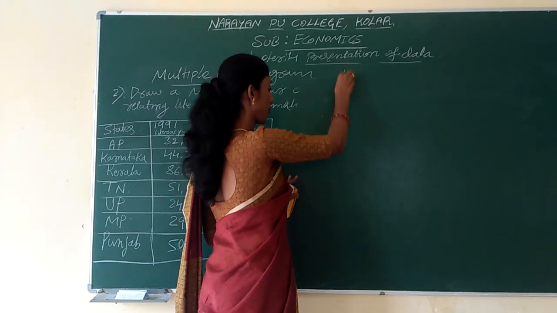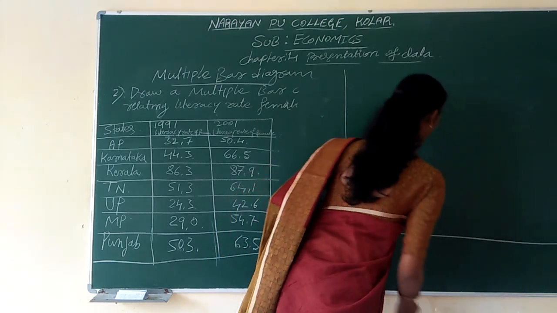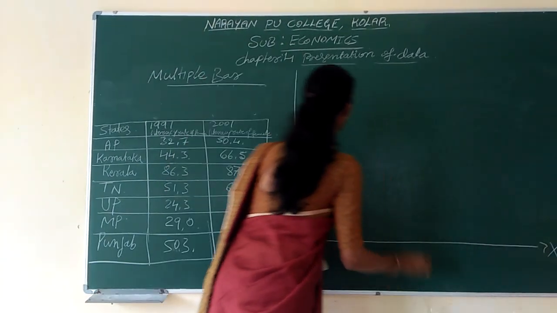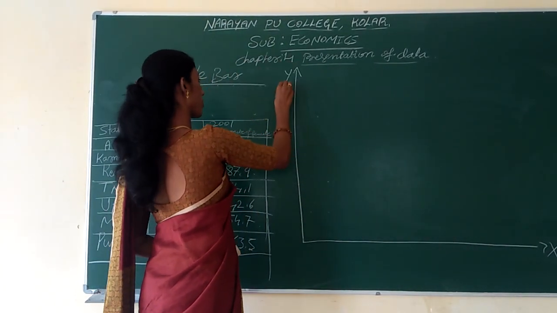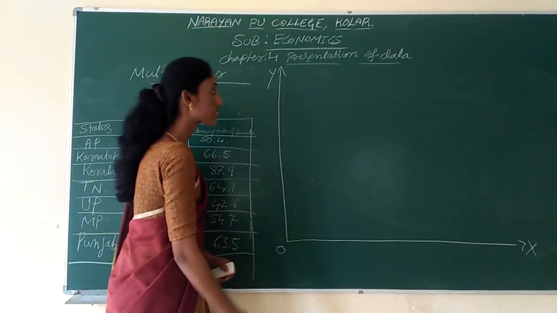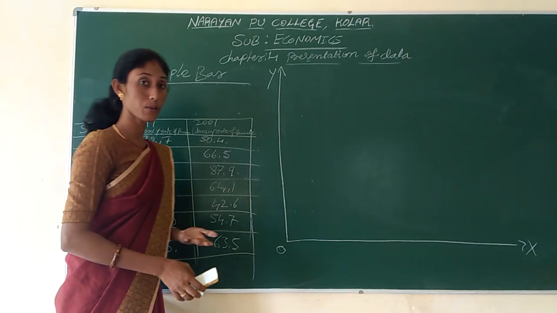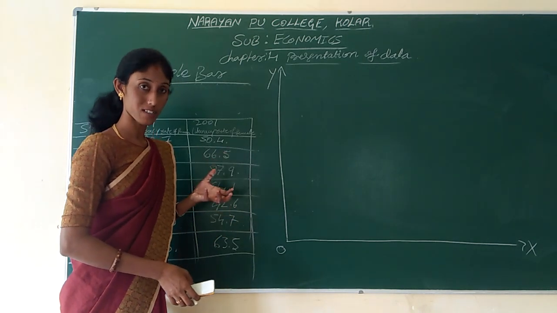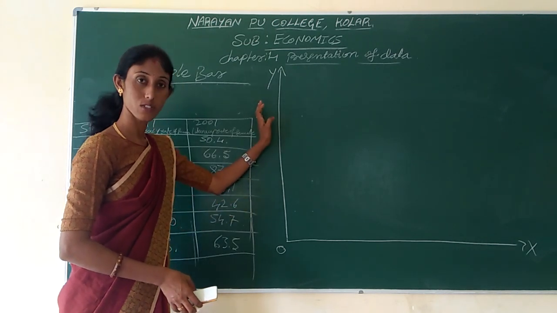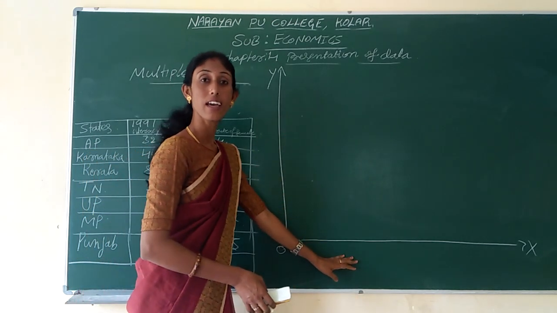Take a chart. You all know that this is the x-axis and this is the y-axis. I already told you that the variable or changing factors we need to represent on the y-axis, and the constant things on the x-axis.